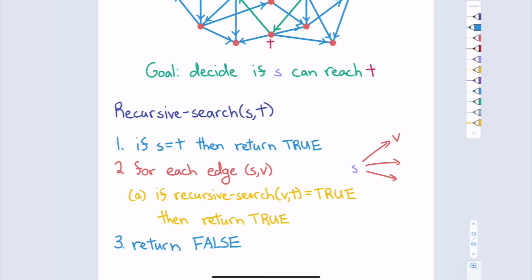Otherwise, I'm at S, and I can try visiting all the other vertices V and recursing there, to see if V can get to T. If any of them return true, then yes, I can do it. If none of them return true, then no, I can't do it.